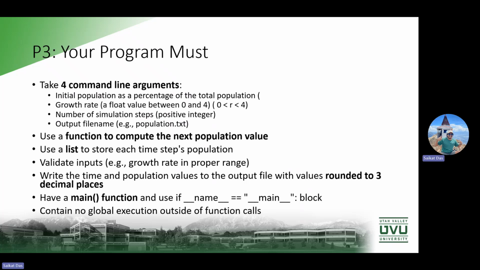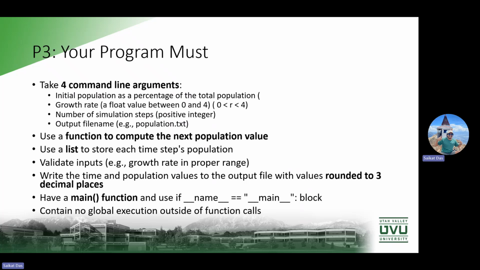So if the iteration is 10, you should have 11 items, starting from 0, ending with 10. And the format is first the iteration number 0, then a tab, then the population growth. It should be rounded to 3 decimal places.